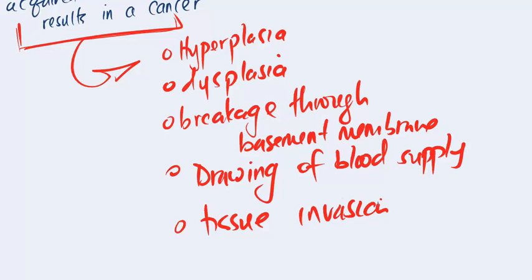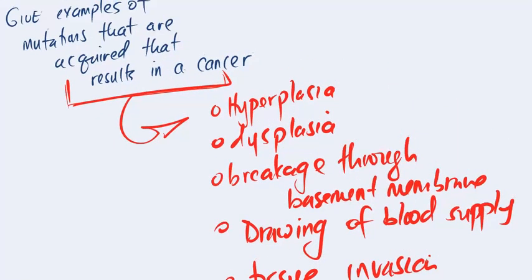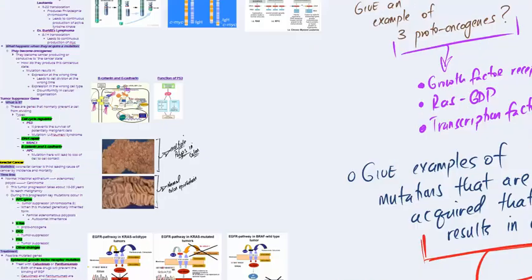Environmental. Exactly. Can I ask a question? Yeah. So the drawing of blood supply, wouldn't that already make it cancerous, if it's just making blood vessels? Well, actually angiogenesis.